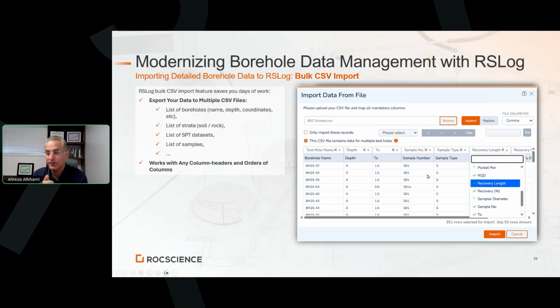But even if your column header text is different, you can easily map it to the right data entry. And you see that I've indicated my first column in the CSV to be the test hole name and selected this checkbox. So now the program knows which record belongs to which borehole, and we take care of all the heavy lifting that comes with importing that data.